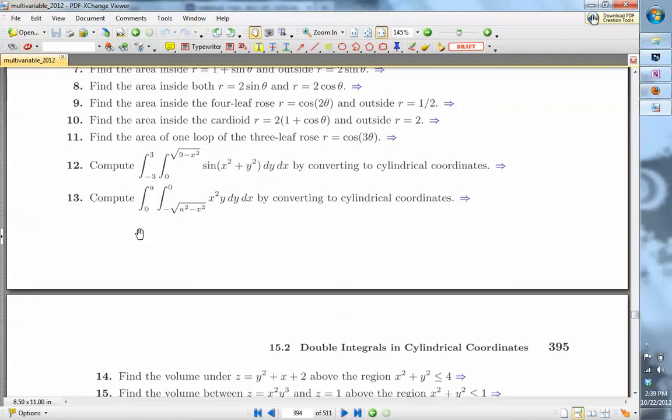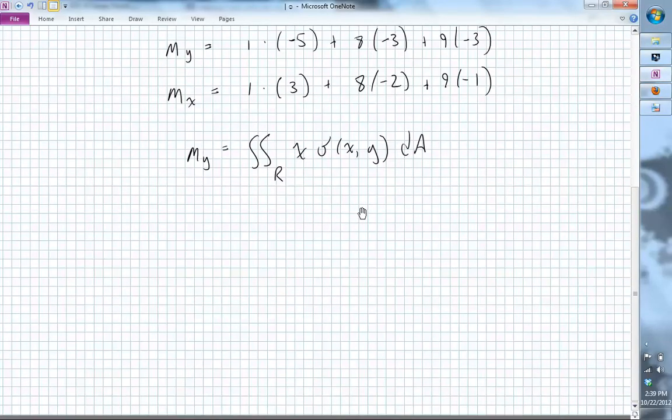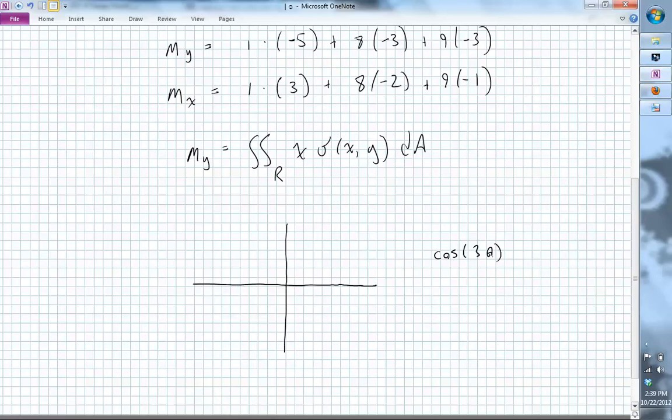So the thing you want to focus on when you're plotting this is a combination of the important angles. So let's look at cosine 3 theta. For example, when theta is equal to 0, what's the cosine of 3 theta? It's 1. So let's just put that out here somewhere.